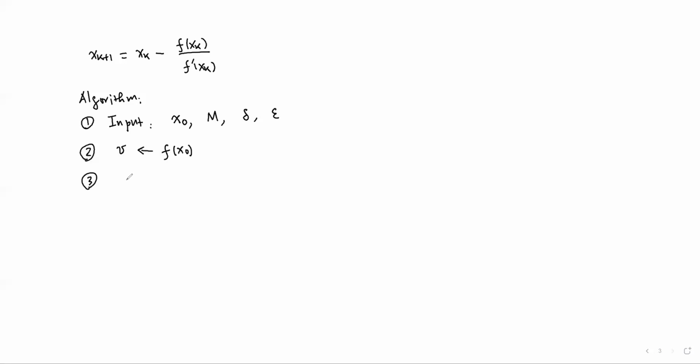If the function value in absolute value is less than epsilon, if the function value is small enough, then we consider x0 the root alpha. Then stop.